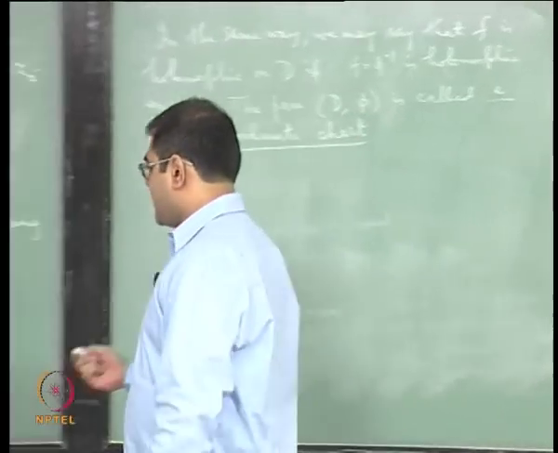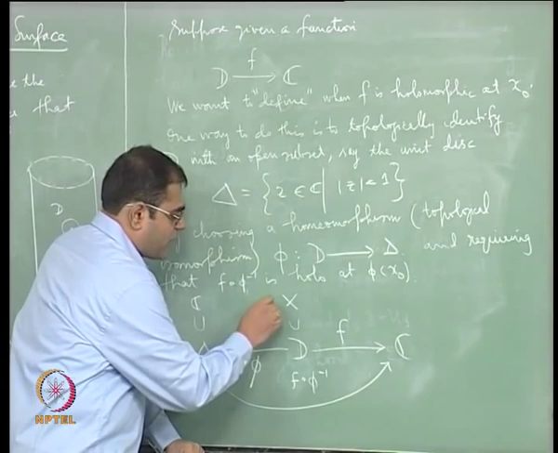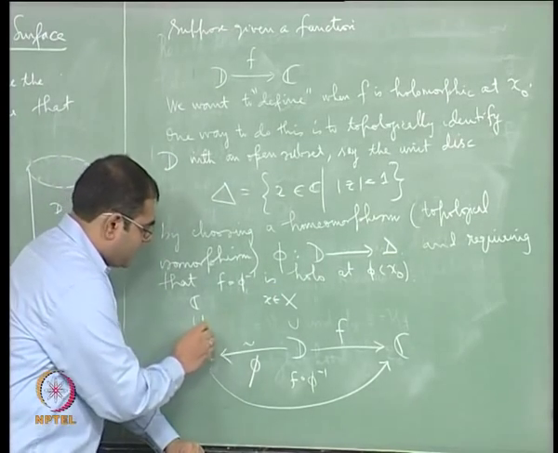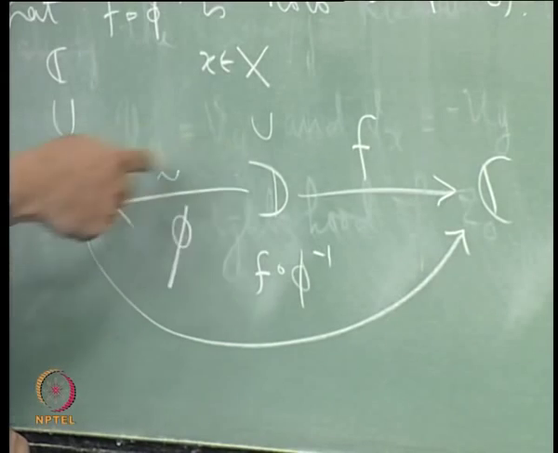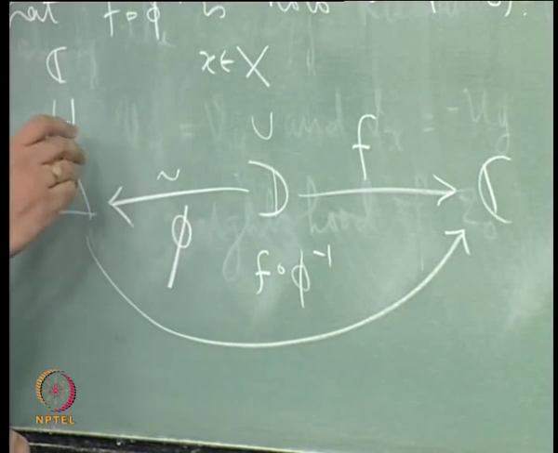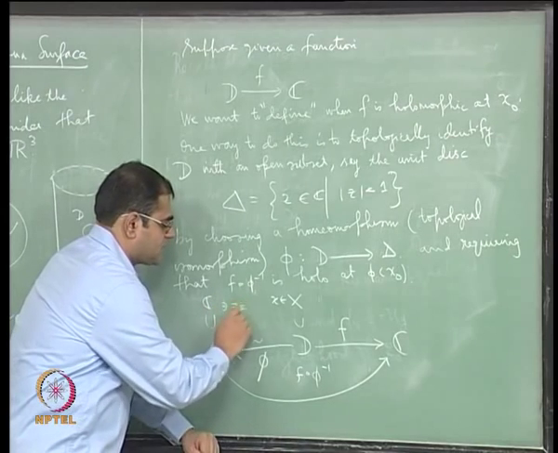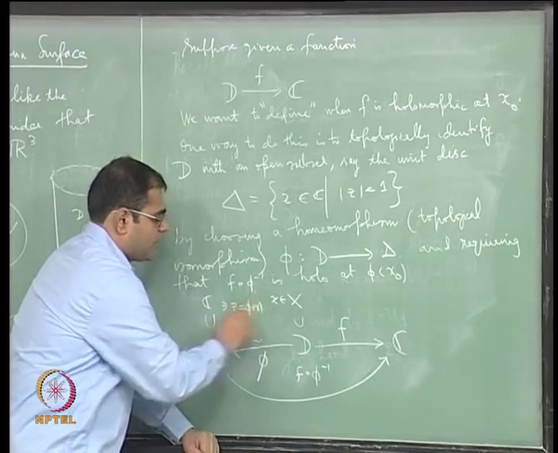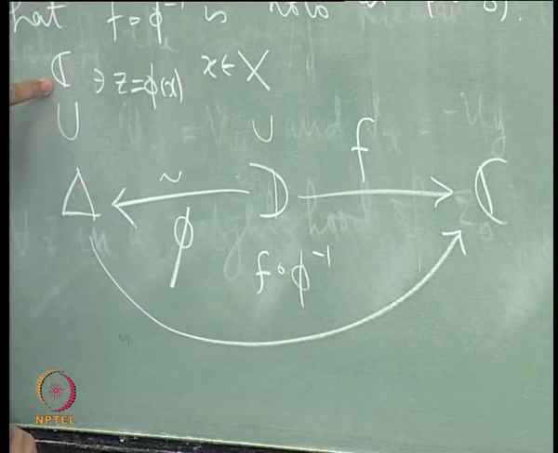So the idea is that if you call a varying point here x, then you can call a varying point in its image under phi as z. So you have z equal to phi of x.